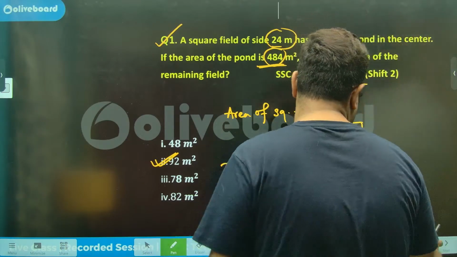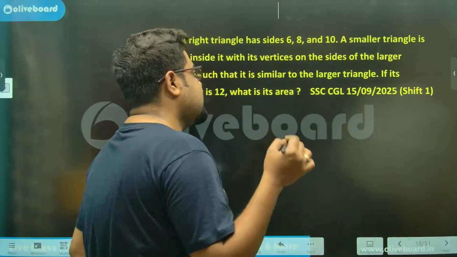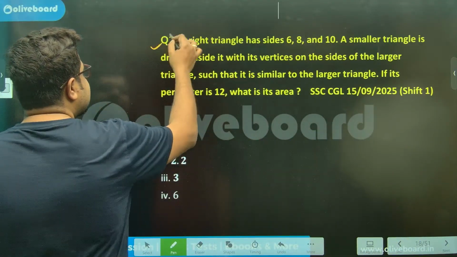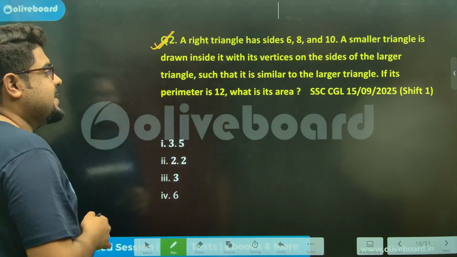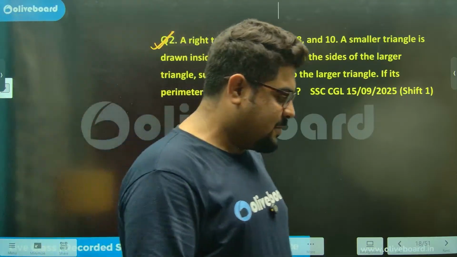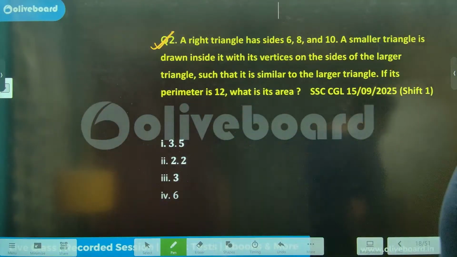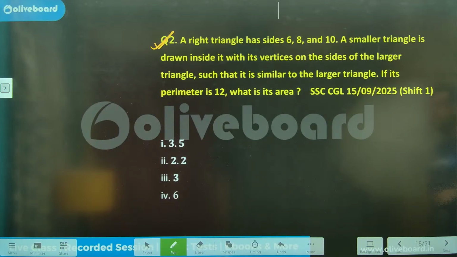Now, chalo, let's move to our next question. Again, let's move to some good questions. Read the question, please. I'm giving you 10 seconds. A right triangle has sides 6, 8, 10.